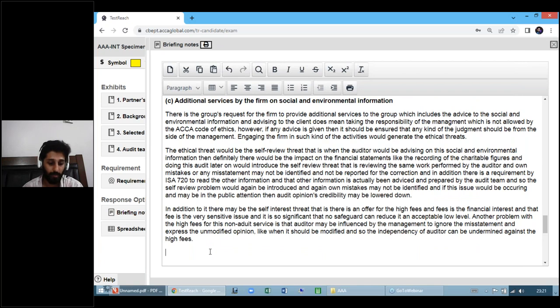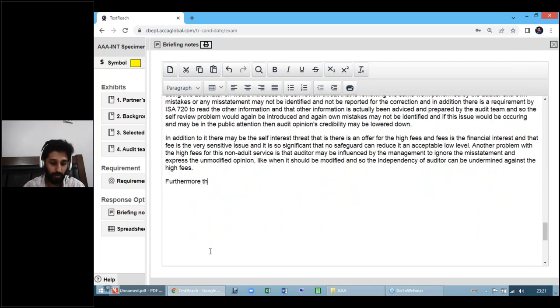Furthermore, there is a deadline. It is a single statement, but a lot of ethical threats are being influenced by this. Furthermore, there is a deadline to submit this social and environmental report to the regulators, and so time pressure is the intimidation threat.